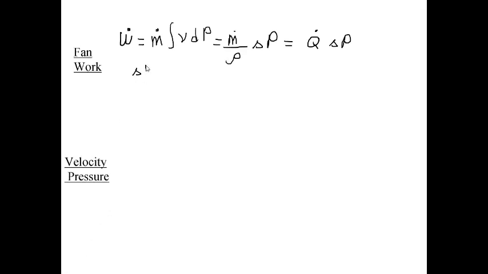When we're looking at the pressure for air systems, pressure in this case is going to be measured in units of inches of water. The pressure drop is much less than in piping networks.